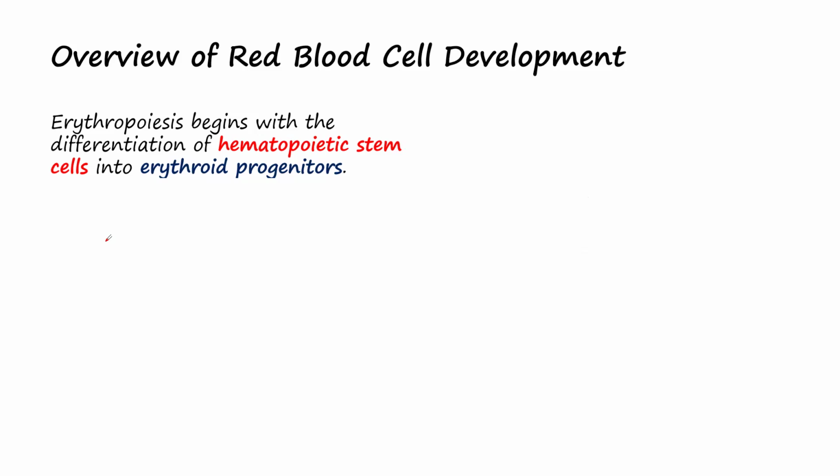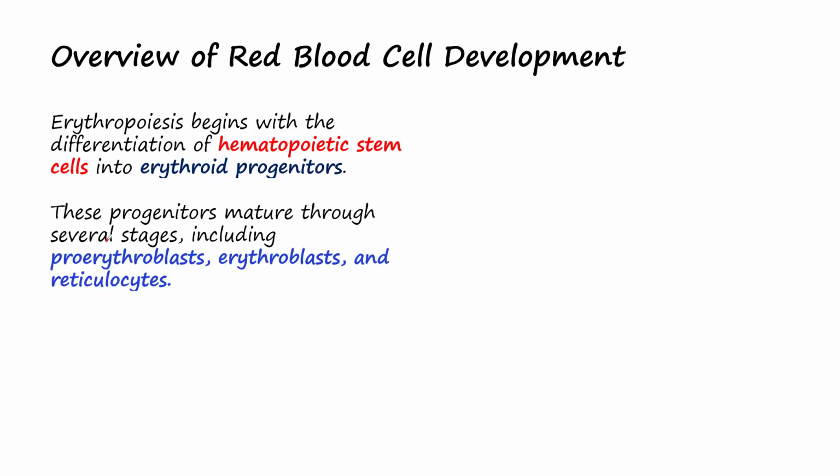So the hematopoietic stem cells first differentiate into erythroid progenitors, and then these progenitors will mature through several stages, and these stages include proerythroblasts, then erythroblasts, and then finally reticulocytes.